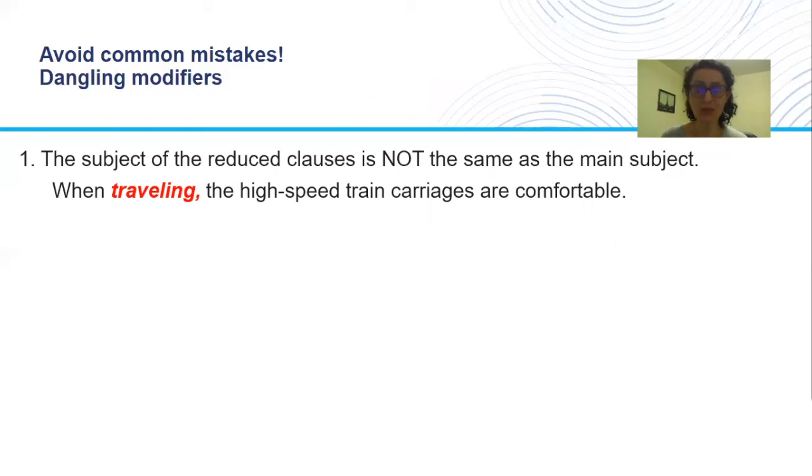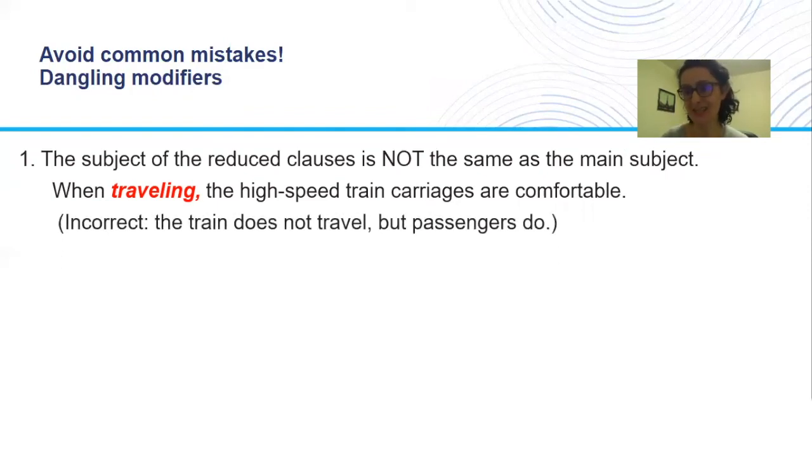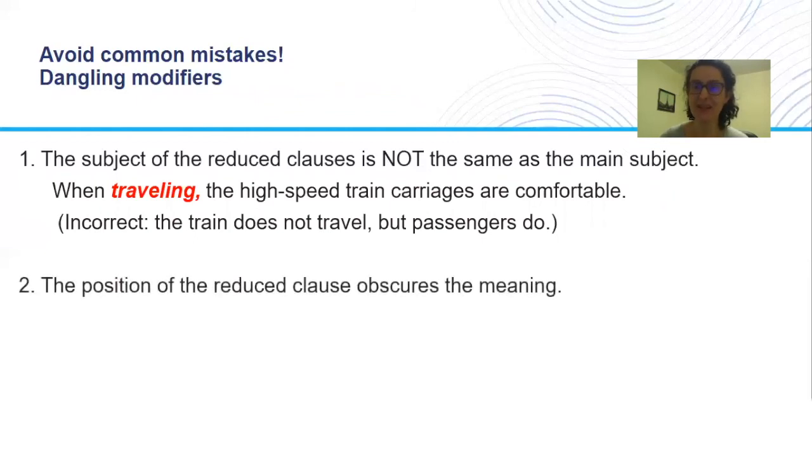Okay, according to this sentence, the train carriages travel. But in our mind, we know that the passengers travel. This sentence is incorrect.